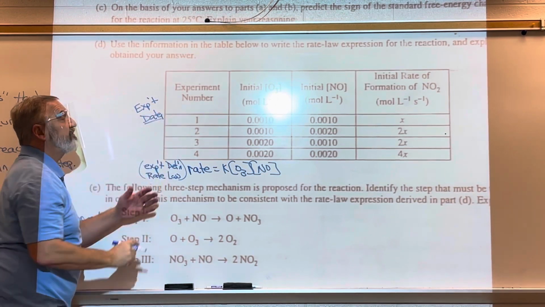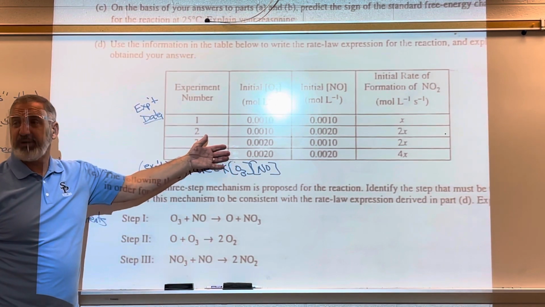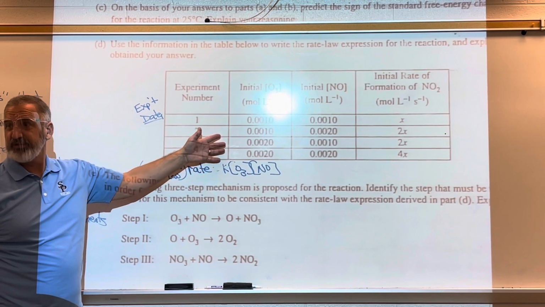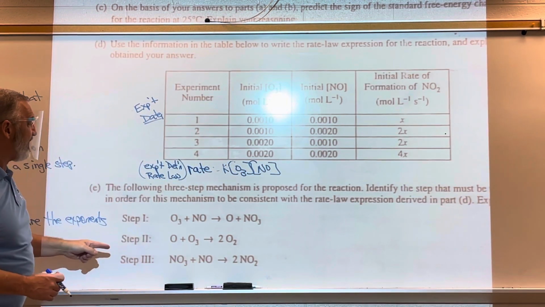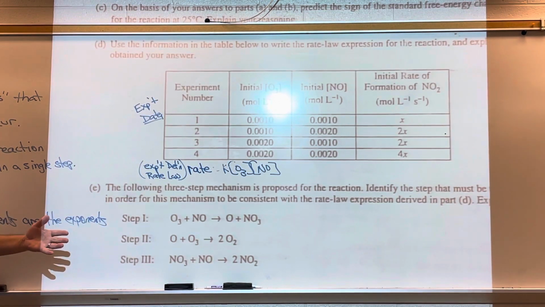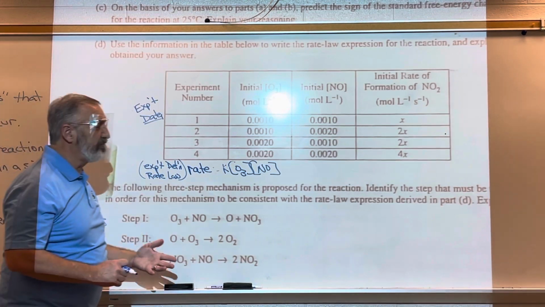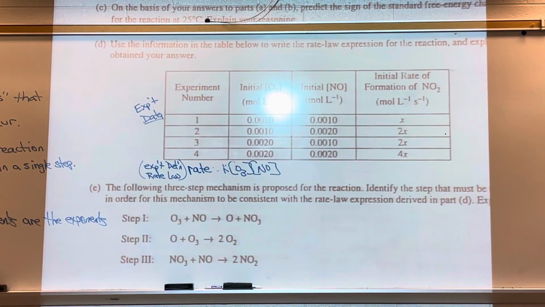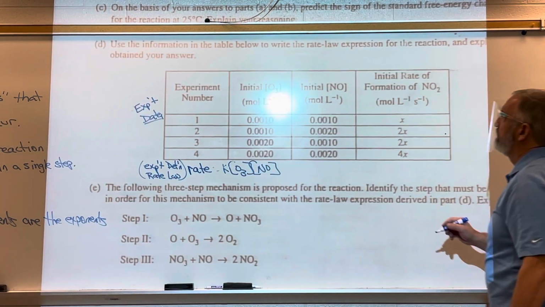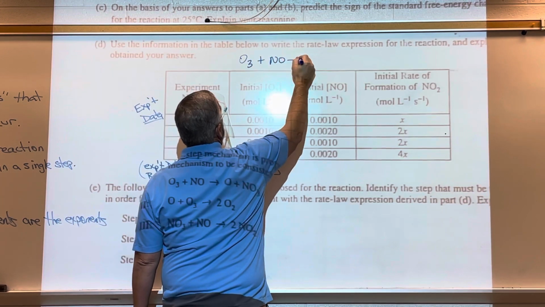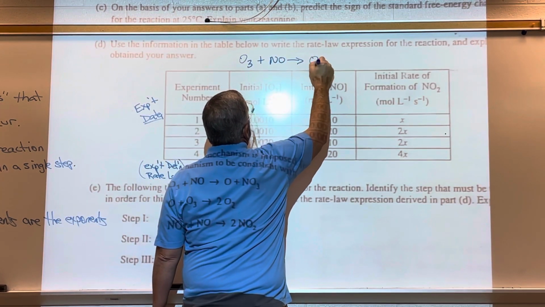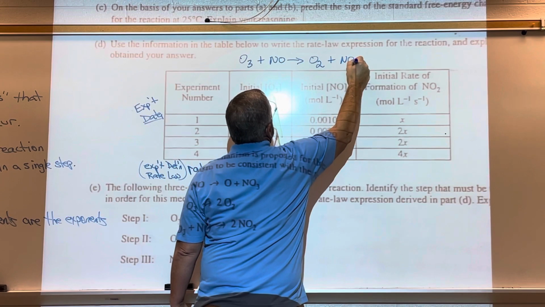Whenever we're using this, that means that's my experimentally determined rate law, because I'm using experimental data to figure that out. Now I look here and it says the following three-step mechanism is proposed for the reaction above, and the reaction above is given at the top, O3 plus NO. Do you guys have that? What's it make? O2 and O2 plus NO2.